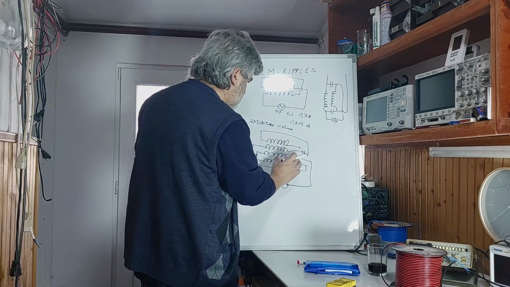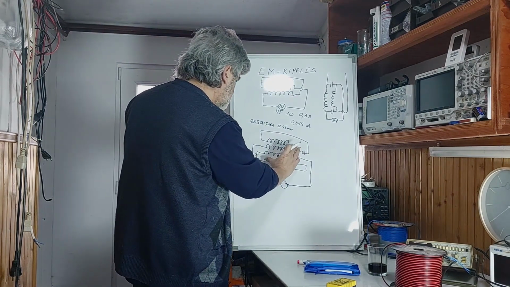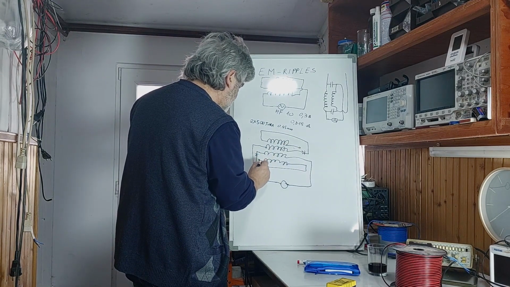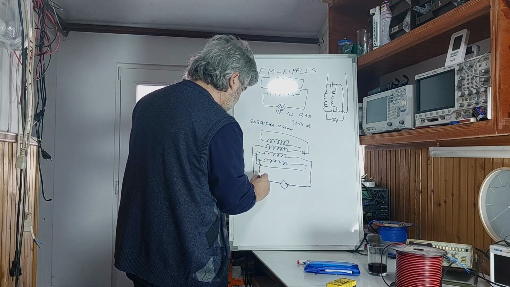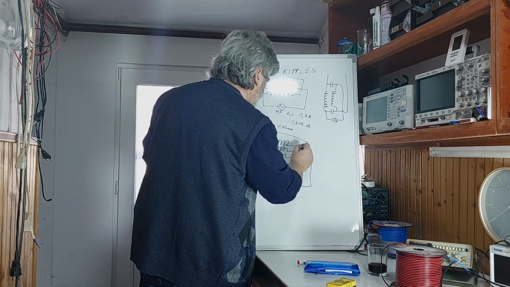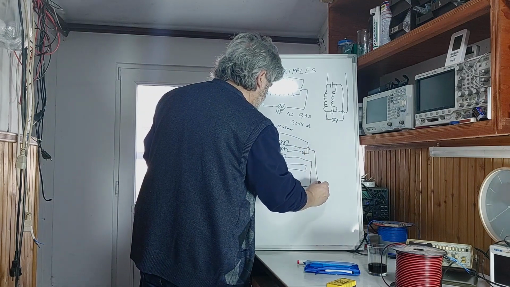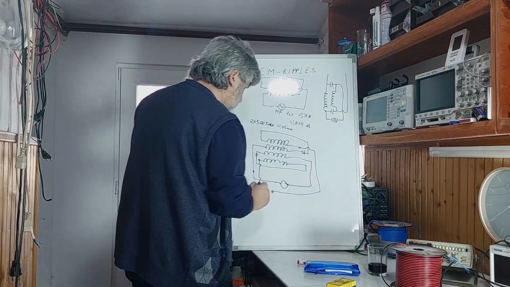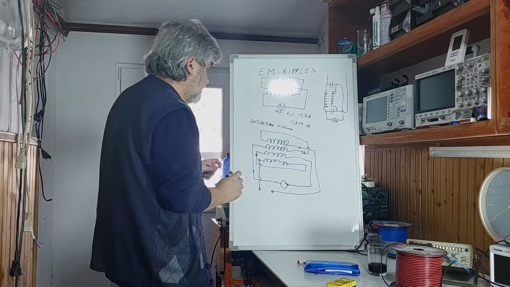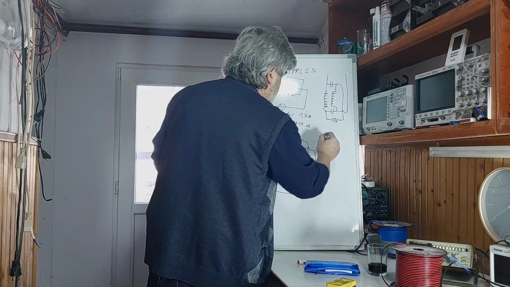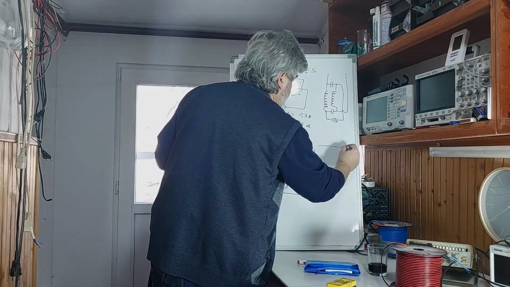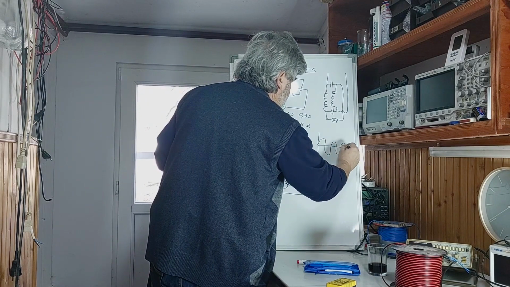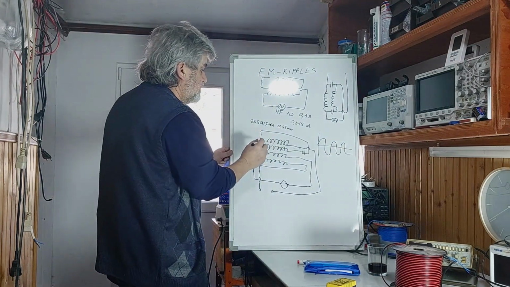So now only 2 ends are left, and it will be my high voltage output. What is important here is that I will always have a 200 volts sine wave, like I described before.